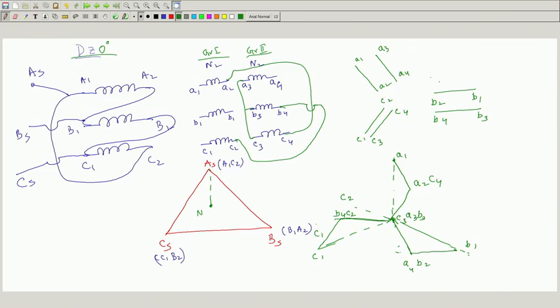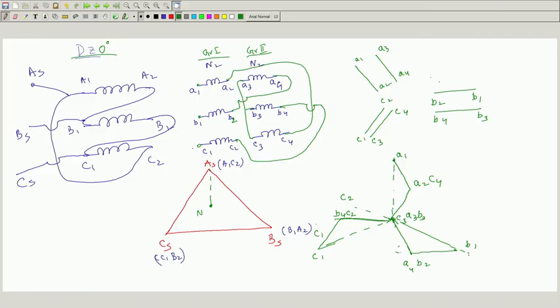Finally, A2 C4 I have joined, A4 B2 you have to join, A4 and B2 you join, these two will be the output. Similarly, you will be able to calculate this one.